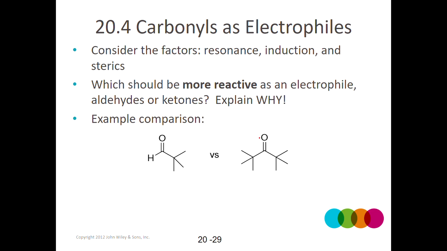So let's compare aldehydes versus ketones. Here we have a decent comparison. The difference is the aldehyde has a proton directly connected to the carbonyl carbon, versus a ketone, which has R groups connected at both bonds to the carbonyl carbon.